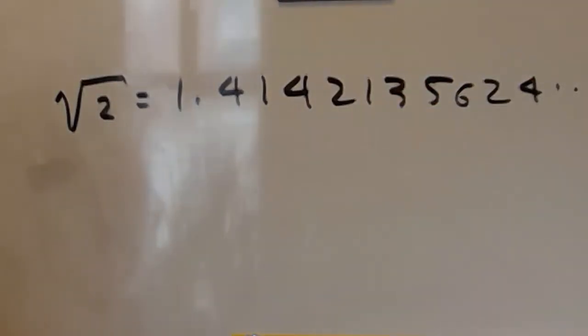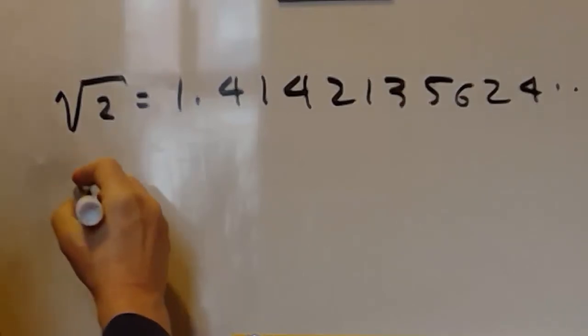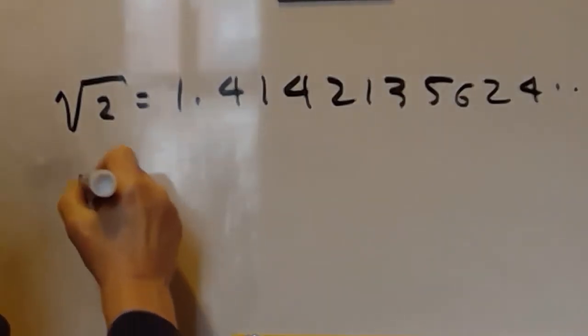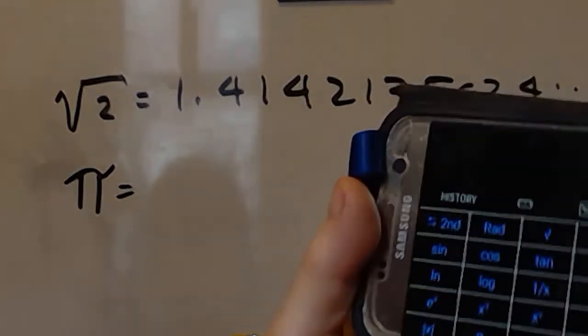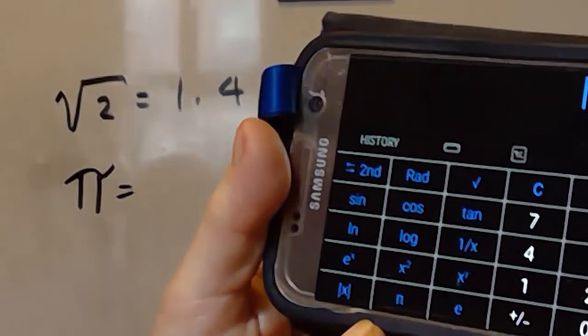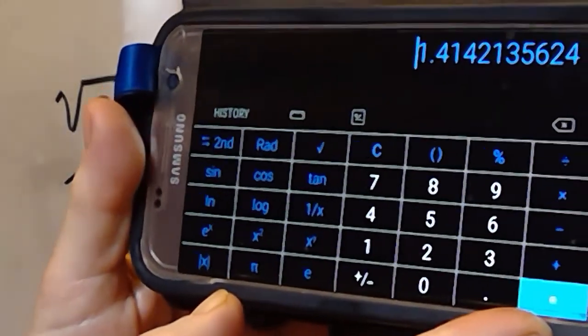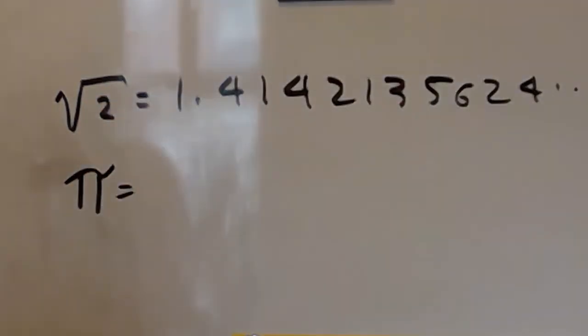Another very famous irrational number is pi. And everybody's heard of pi, I would think. If I put pi into my calculator, because my calculator, it turns out, has a symbol for pi, I'm going to press the symbol for pi and see what comes up.